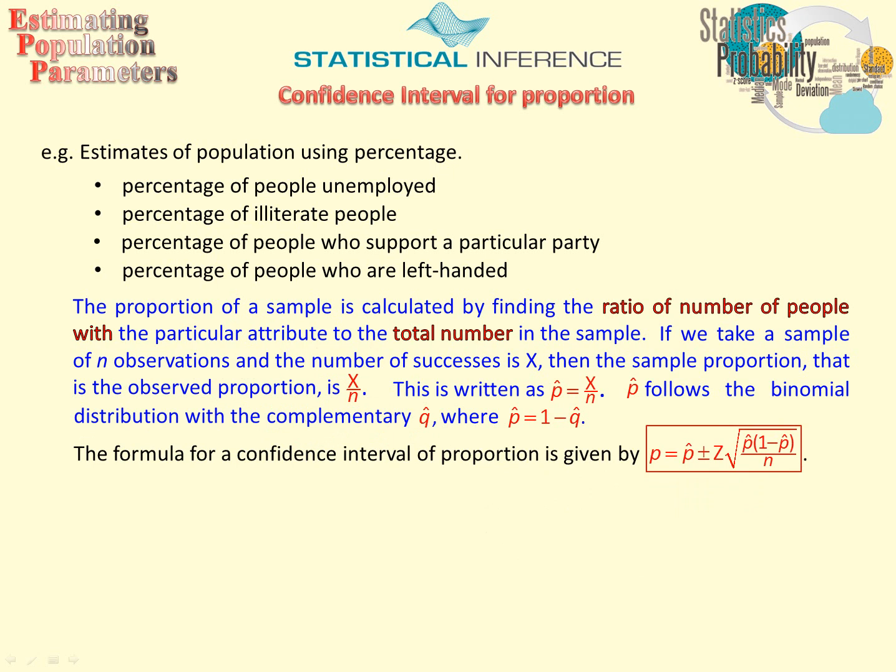The formula for the confidence interval of a proportion is given by that. Now that looks terrible, but in fact, not too bad. That's q hat for a start, so we can abbreviate it to that. And this will always be given.